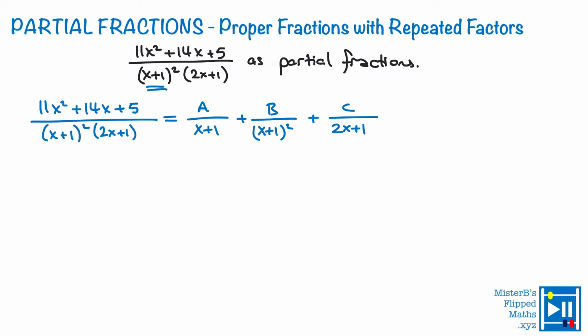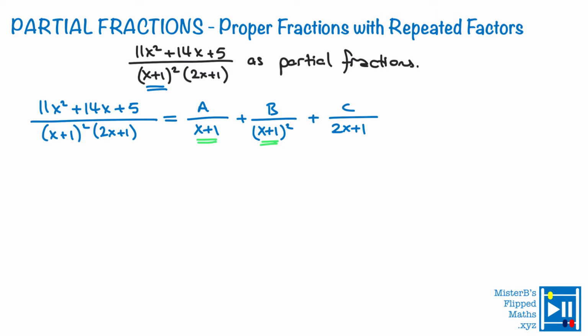And our discussion in the first video was that we cannot know whether we have this fraction with A over x plus 1 or this fraction B over x plus 1 squared in the partial fraction decomposition. And the chances are both of these fractions may appear in the decomposition. So we have to consider all possible cases.